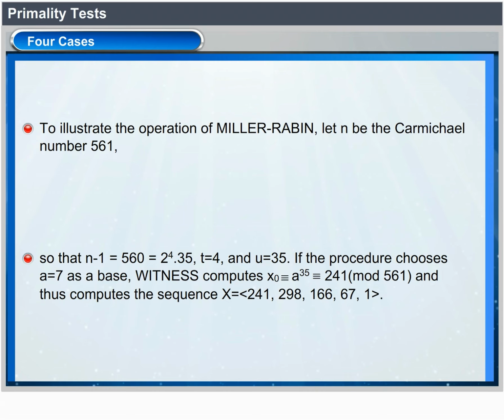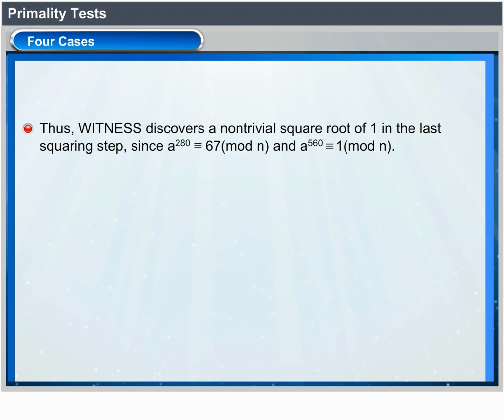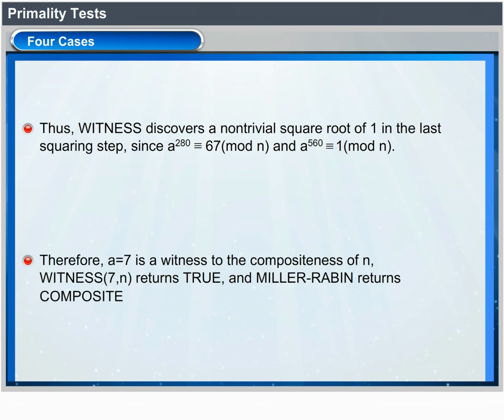Thus, witness discovers a non-trivial square root of 1 in the last squaring step, since a^280 is equivalent to 67 mod n and a^560 is equivalent to 1 mod n. Therefore, a equals 7 is a witness to the compositeness of n. Witness of 7, n returns true and Miller-Rabin returns composite.